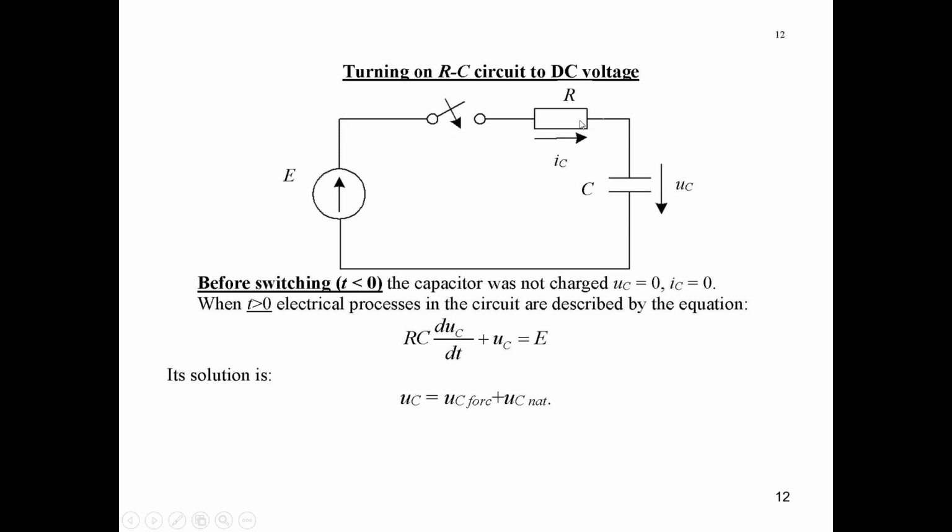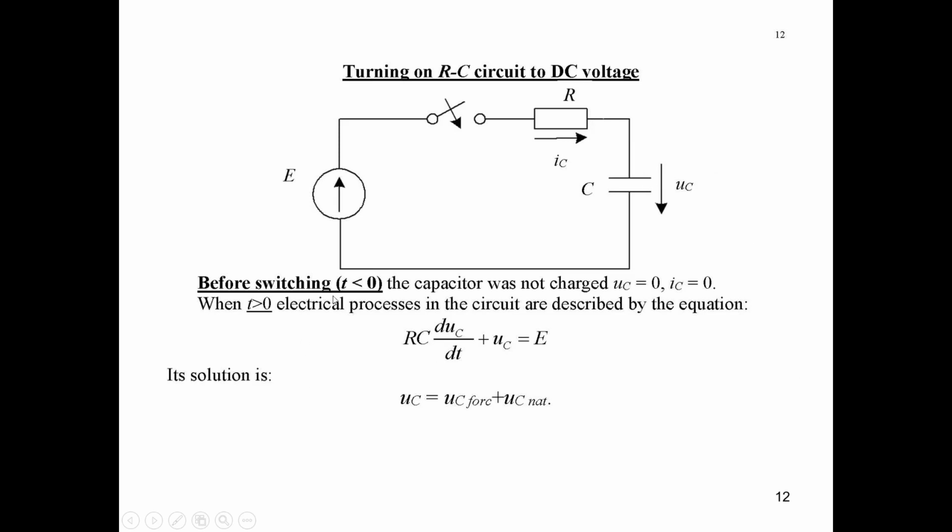Okay, so we have an RC branch which was disconnected from any source, and there was no closed path for current to flow through this branch. But after commutation, after this key is closed, the DC source, namely this E, you see it's a capital letter, will be connected to this RC circuit.